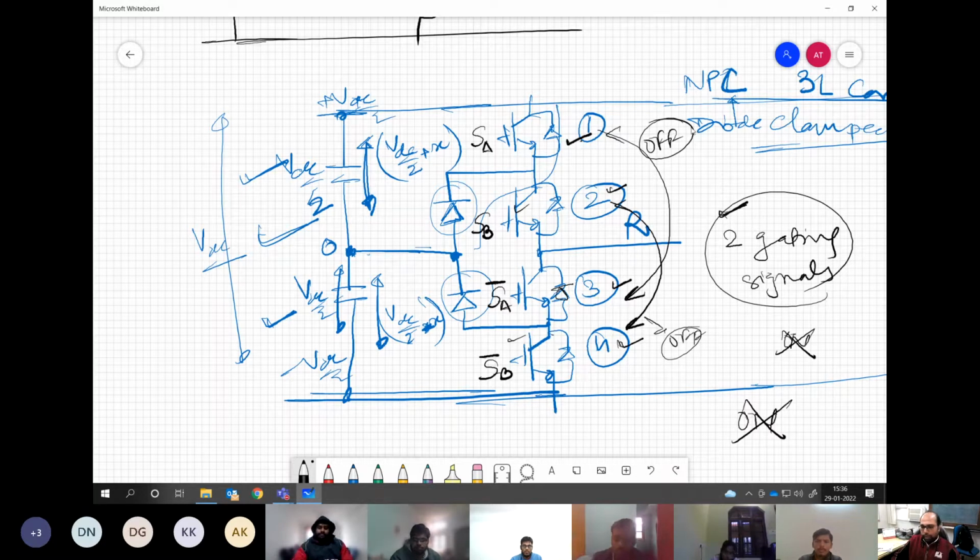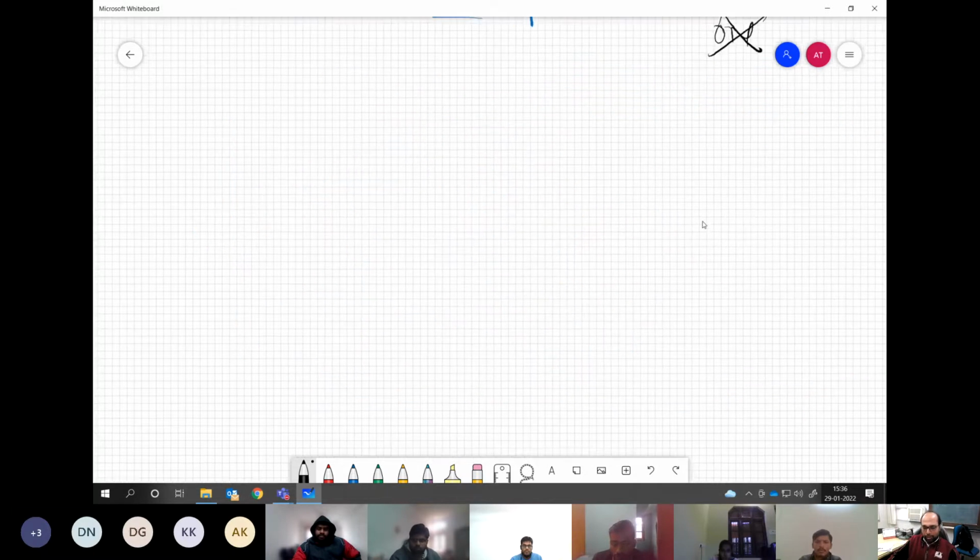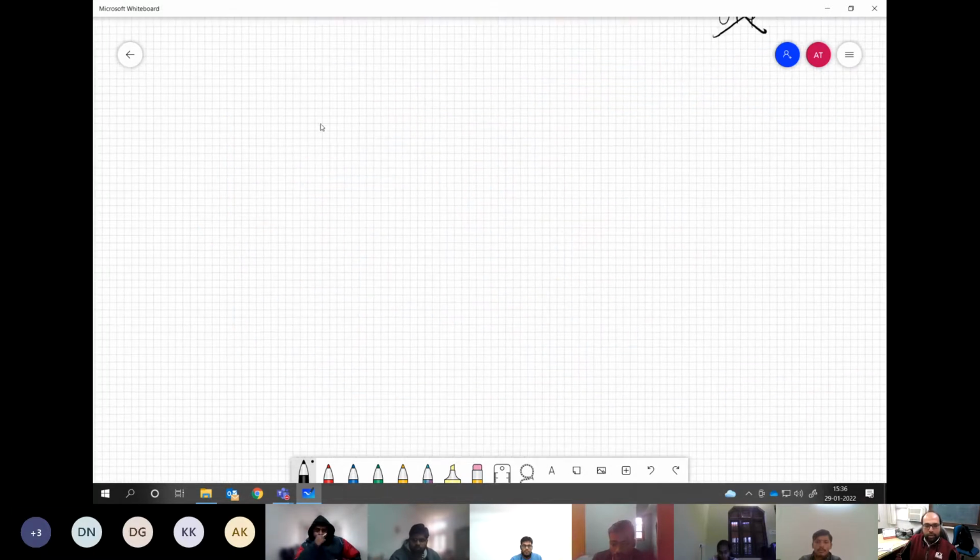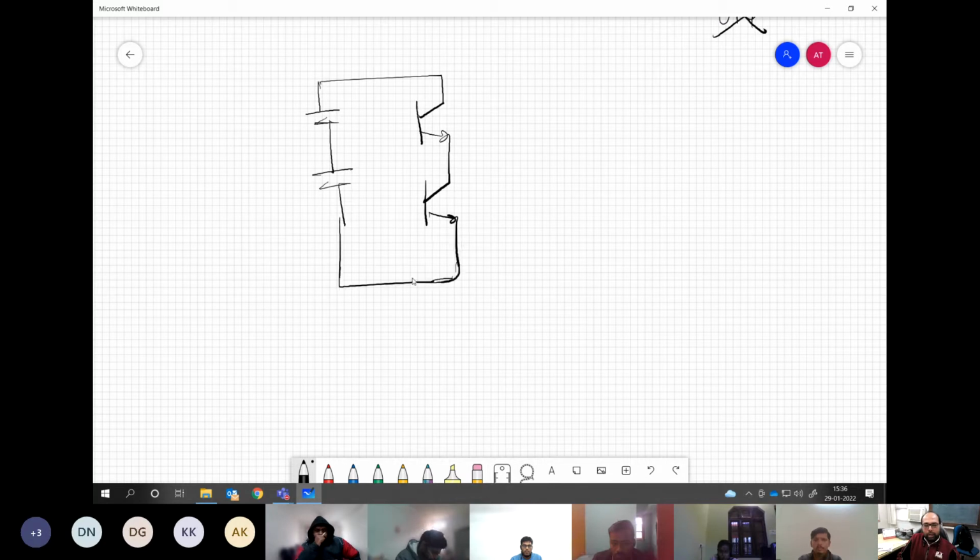So before going into PWM, let me just quickly take up the explanation of dead time, why this is required. A simple two-level converter can be used to explain what the meaning of dead time is, why it is required, and how much should be given. Say we have this leg of the converter, R phase, and we have two devices.